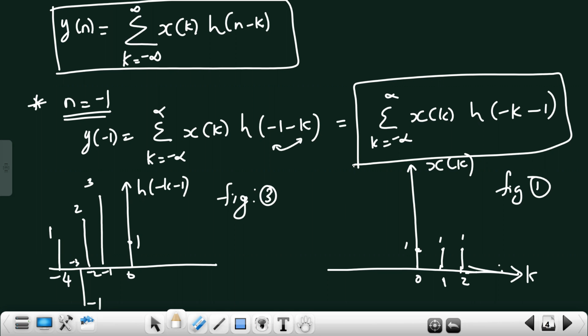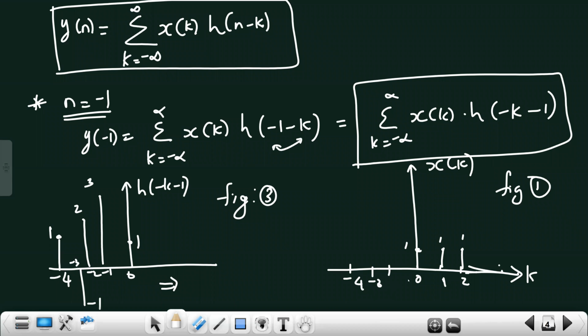You are going to multiply the two graphs and then taking the sum of the entire terms, isn't it? So time wise you have to multiply. So you will start from -4. You have 1 in this graph, isn't it? At -4 you are having 1 over here, but do you find any values over here?